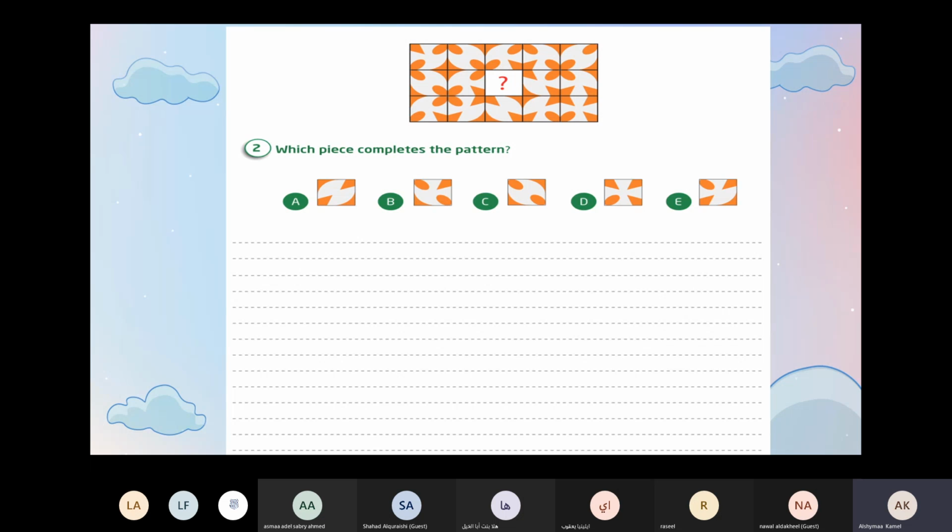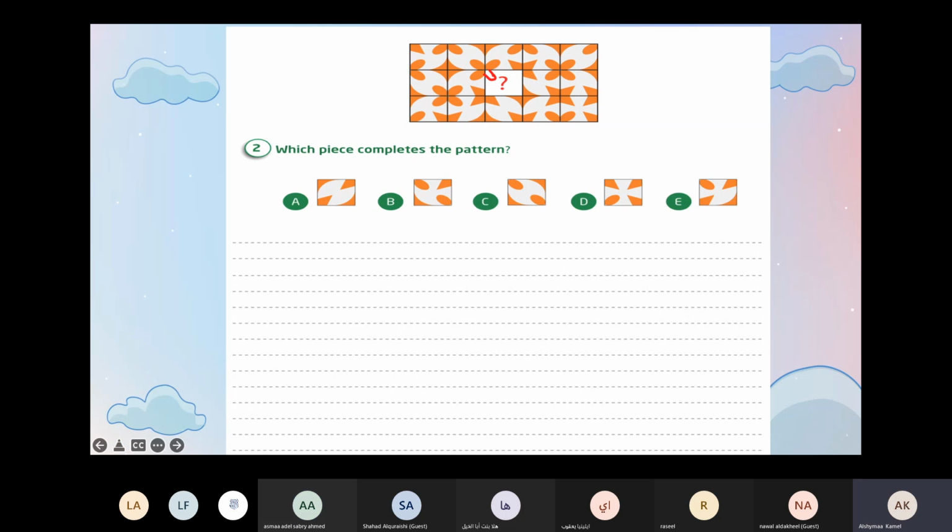I want to know which one completes the pattern. I will complete it by myself, this one like this, then this one like this one. Teacher, the answer is E?